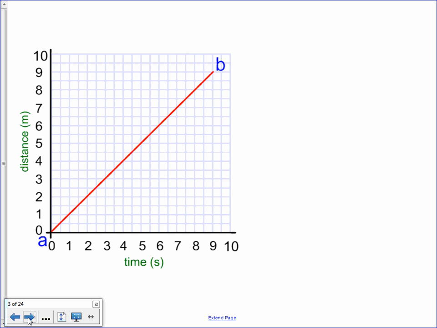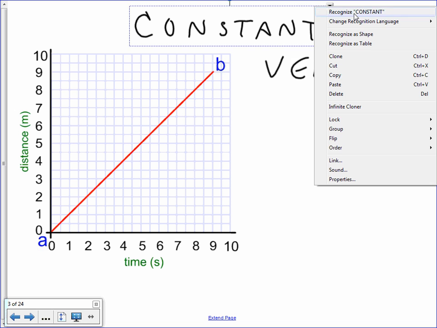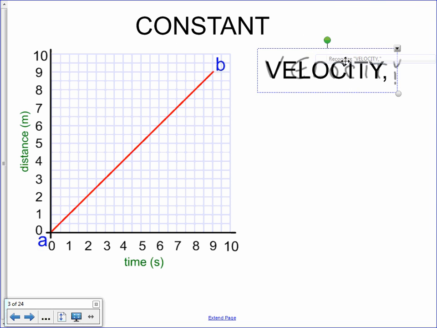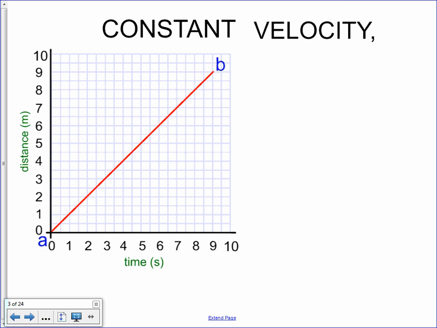All right, let's see what we got. So what's going on? Well, we have a constant positive slope. So this would mean that we're going at a constant velocity, because it has a constant slope in the distance versus time graph.